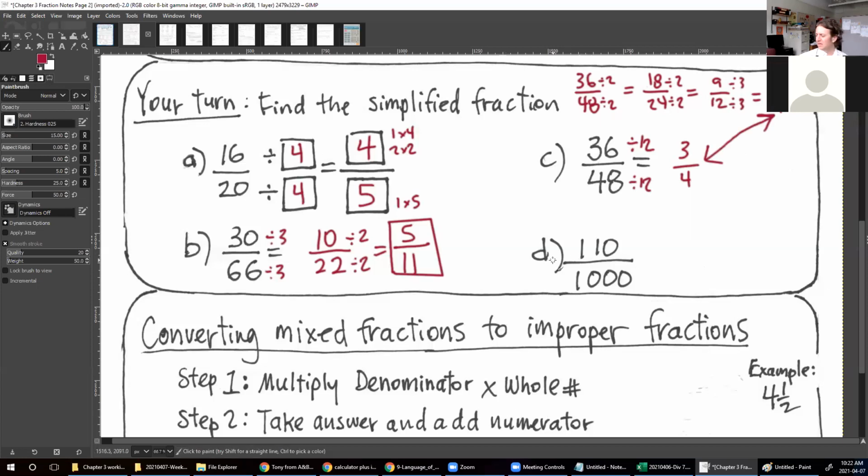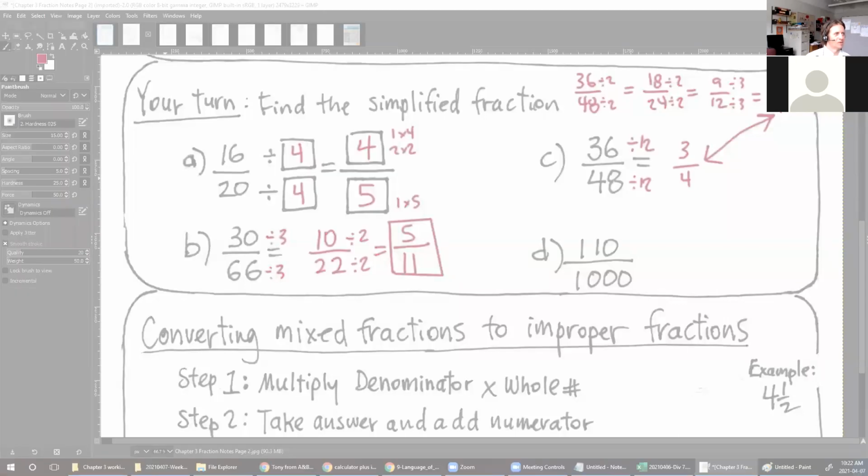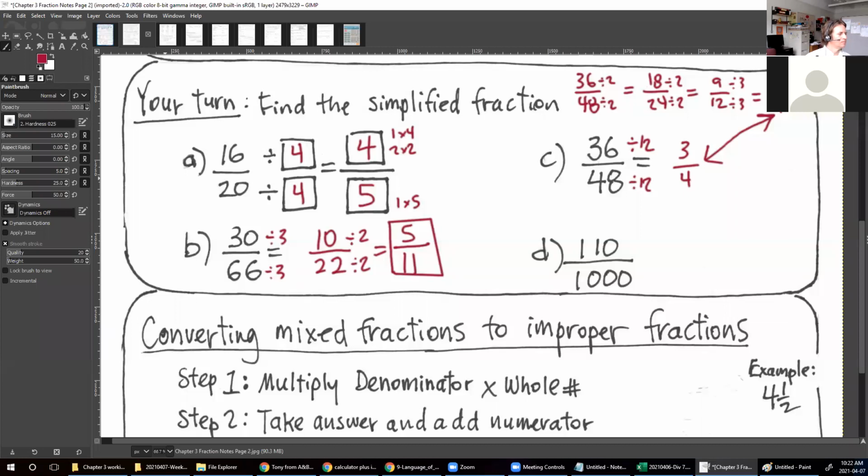Okay, I'm going to give you 20 seconds to try this one. I'm just going to be busy here for a second on this screen. All right.